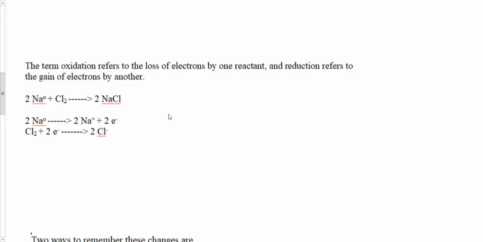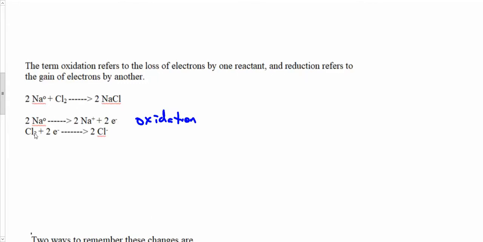Now, oxidation refers to the loss of electrons by one reactant. So this is the one where electrons are being lost. Notice they're being made here. Na is losing electrons, so this is oxidation. And reduction refers to the gain of electrons.